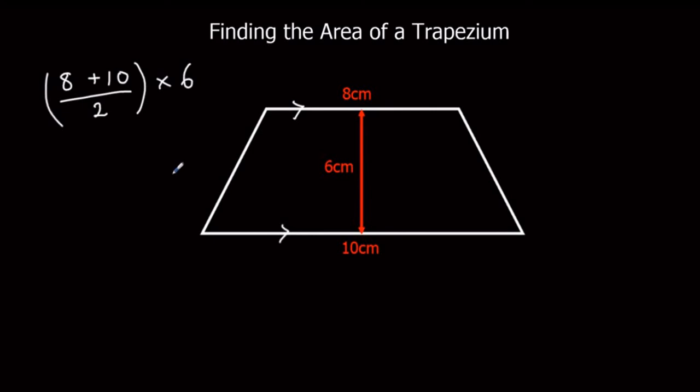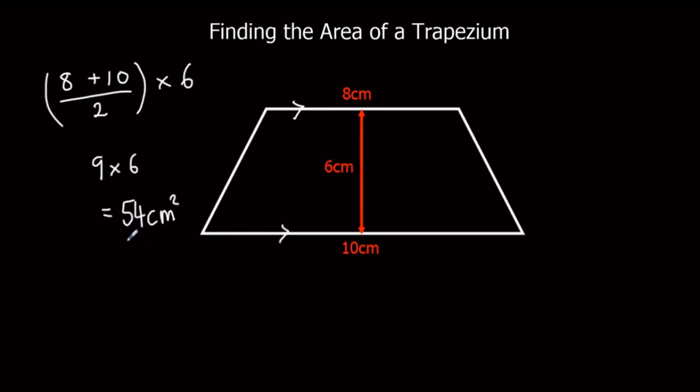Like a rectangle was base times height, here we need to do the average of the two parallel sides and then times it by the height. So 8 plus 10 is 18, and half of 18 is 9. So in this example, we'll do 9 times 6, and 9 times 6 is 54 centimeters squared.